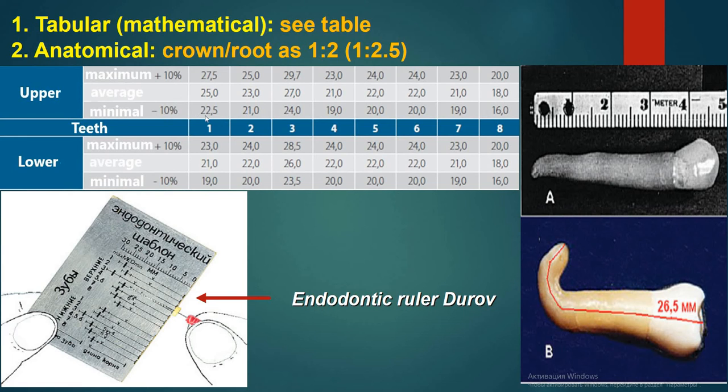And you must know that the upper and lower jaw have another mathematical number. Central incisor, maximum in lower jaw 23, in upper jaw 27.5, average 21, in upper jaw average 25, minimal 90, in upper jaw 22.5. In the picture we see the endodontic rule by Durov.